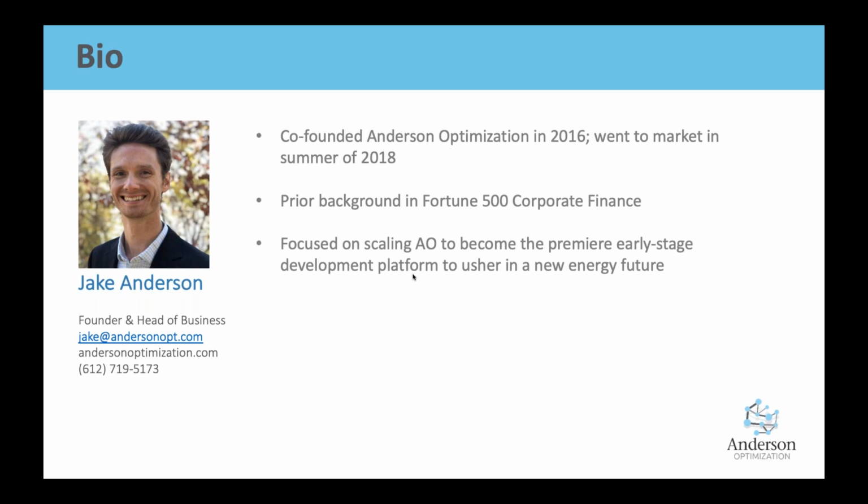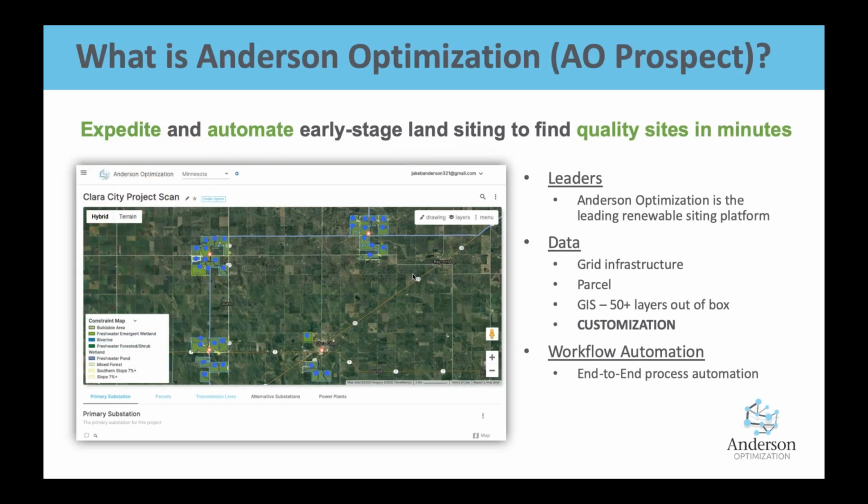We're now working with a wide variety of developers, both large and small, including many of the largest developers in the US and abroad as well. To give you a little bit of background about what Anderson Optimization is and what we do, we basically created a software platform that helps to automate the entire early stage land siting process for renewable developers.